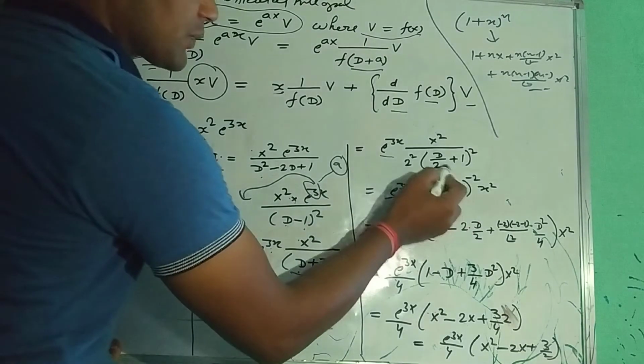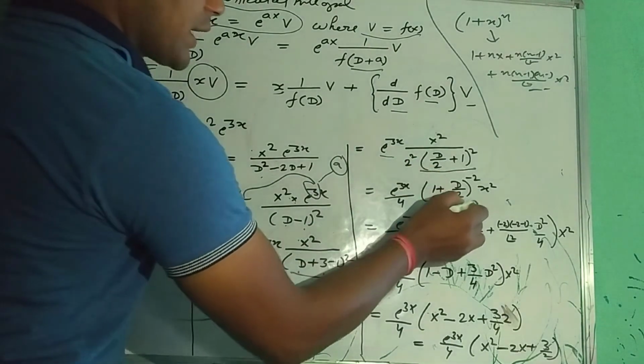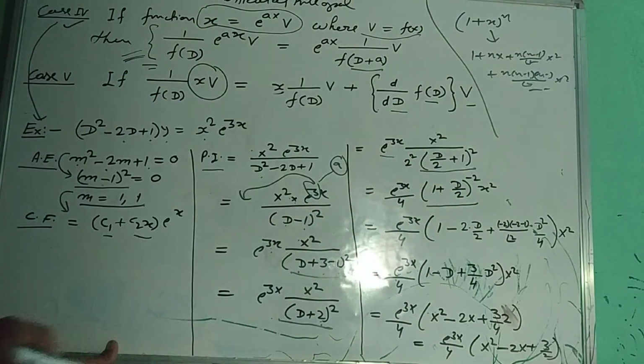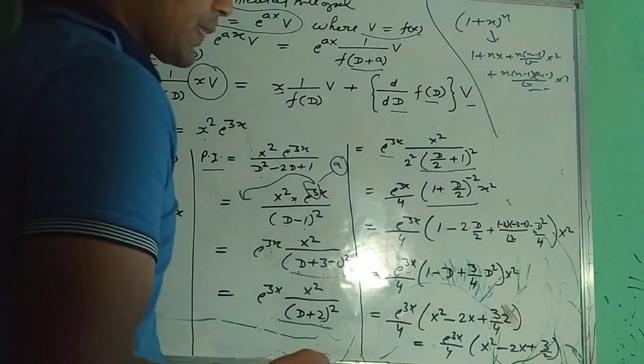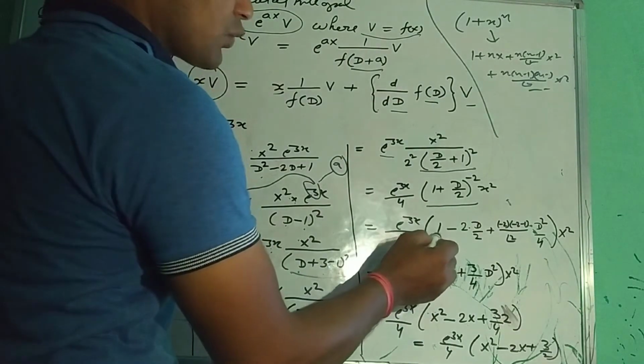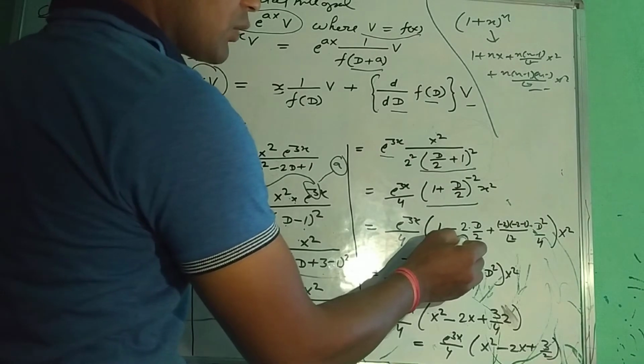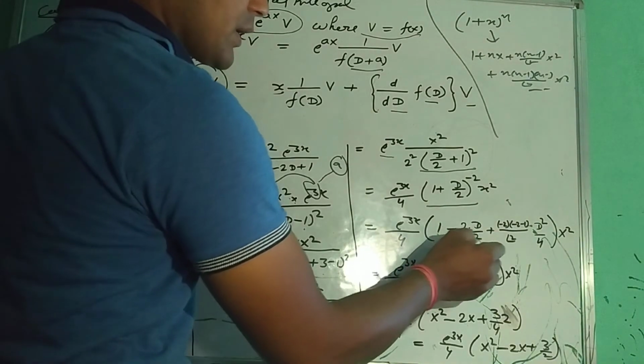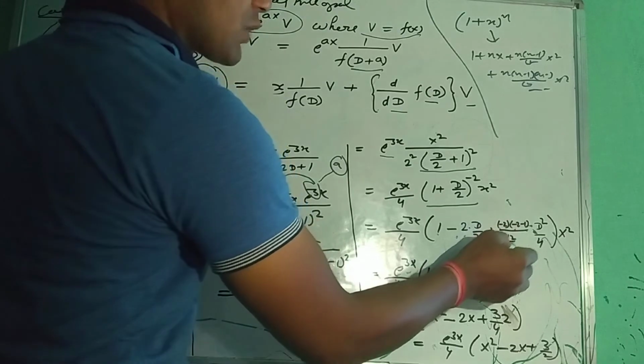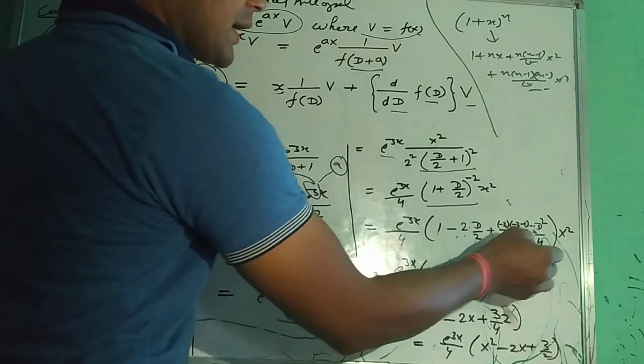So when we take it into the numerator, we have (1 plus D upon 2) to the power minus 2 acting on x square, and the expansion is 1 minus 2 D upon 2 plus (minus 2)(minus 2 minus 1) upon factorial 2 D square upon 4, acting on x square.